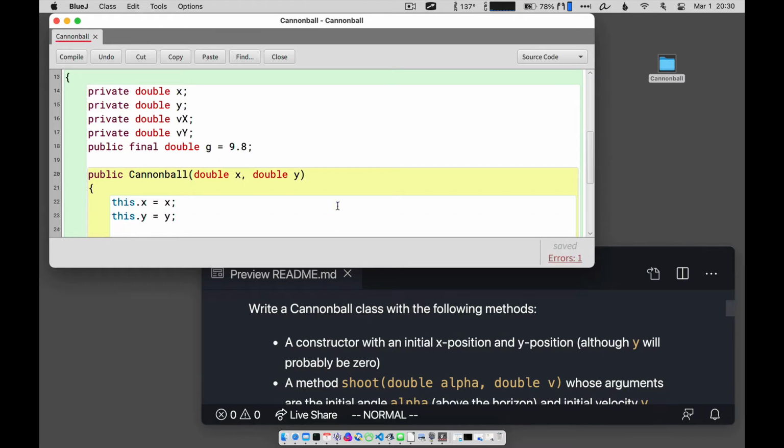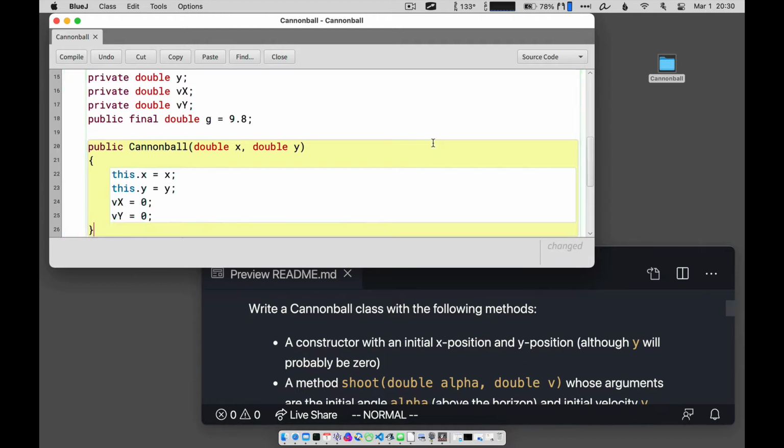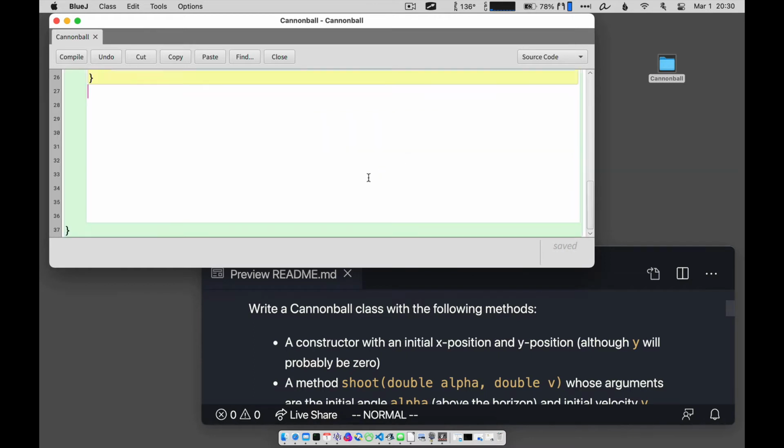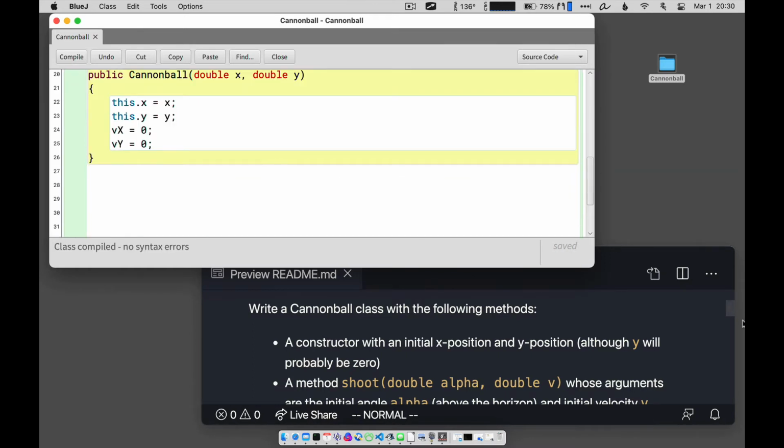And I guess I should initialize Vx and Vy maybe. They haven't given me any information about this, so I'm just going to set those to 0 right now, and then we'll see what happens later on. And if I compile that, do I have any issues? No issues yet. I'm doing all right.